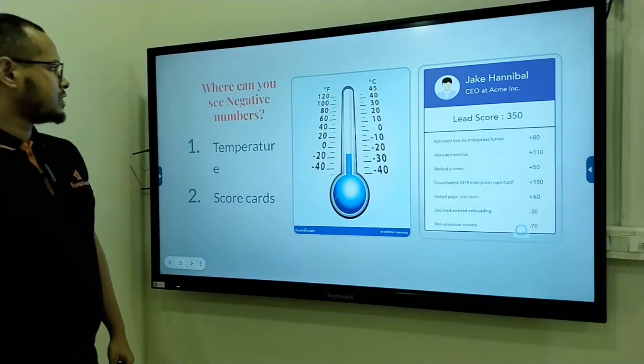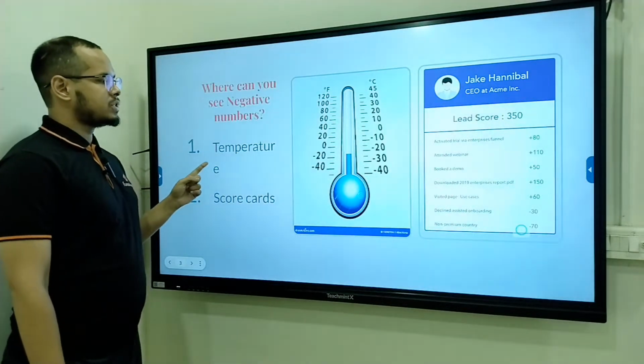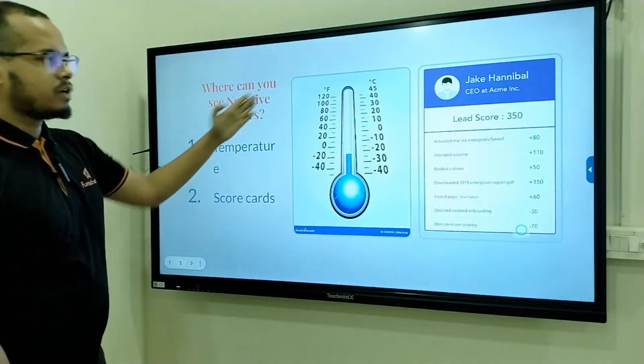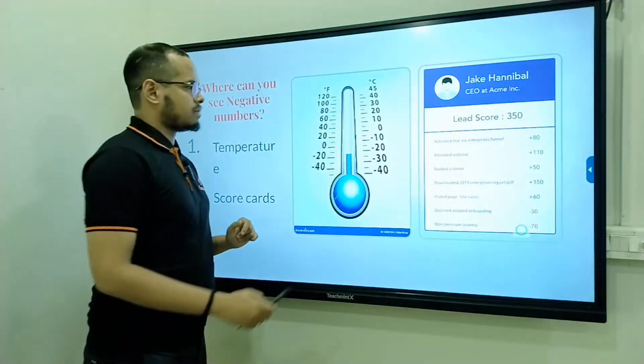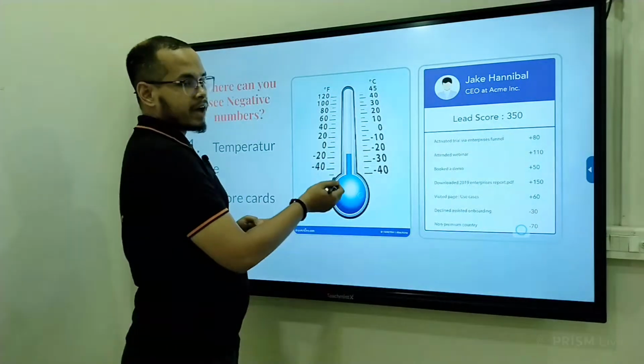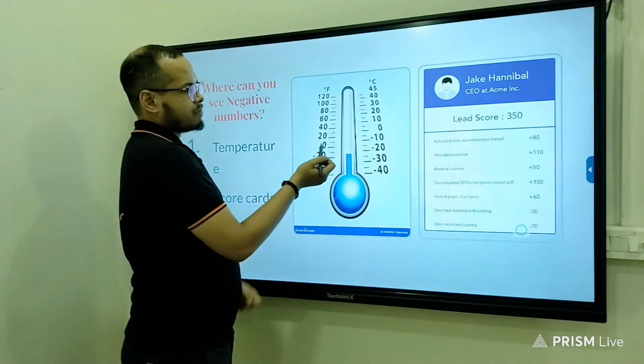Where can we see negative numbers? We can see negative numbers in temperature and scorecards. Let us look at the two pictures here: negative numbers when we are measuring temperature in degrees Celsius and degrees Fahrenheit respectively.